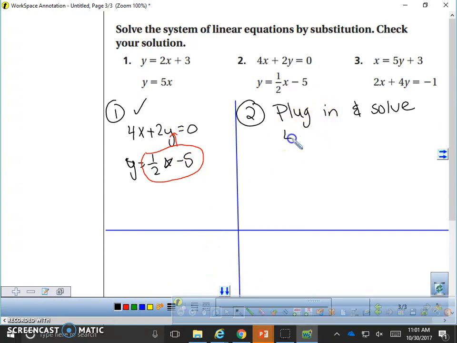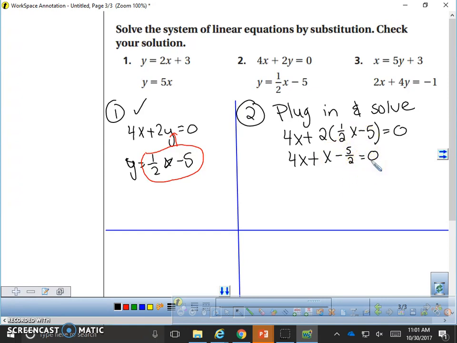Okay, 4x plus 2 times 1/2 x minus 5 equals 0. So I rewrote this. Instead of saying y, I have 1/2 x minus 5. Okay, 4x plus 2 times 1/2 is 1. 2 times 5, I'm going to leave this as a fraction, an improper one.